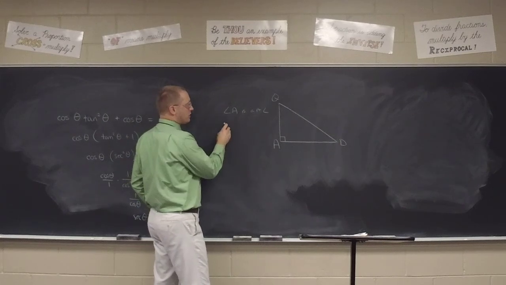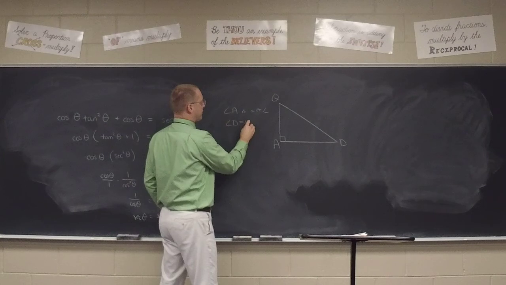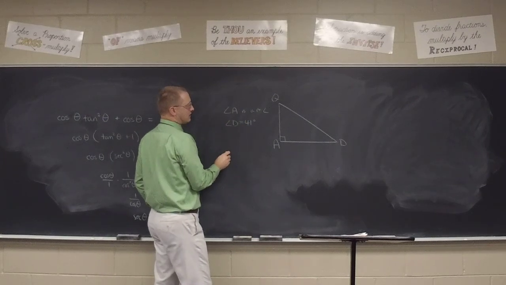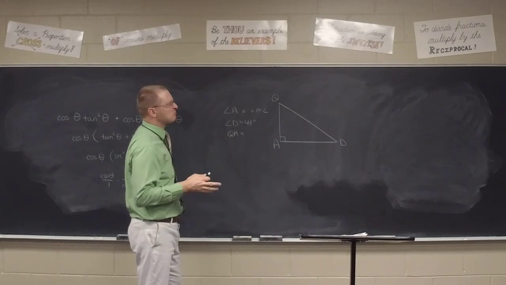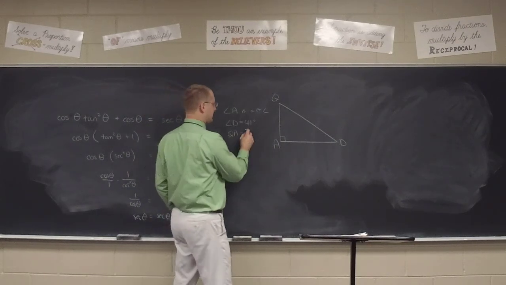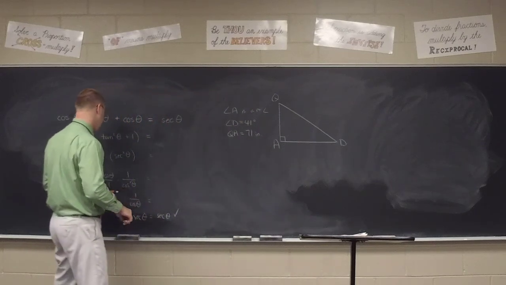And suppose we knew that angle D is, let's just say, 41 degrees. And suppose I knew that QA is, let's say, 71 inches tall. Go ahead and solve triangle QDA.